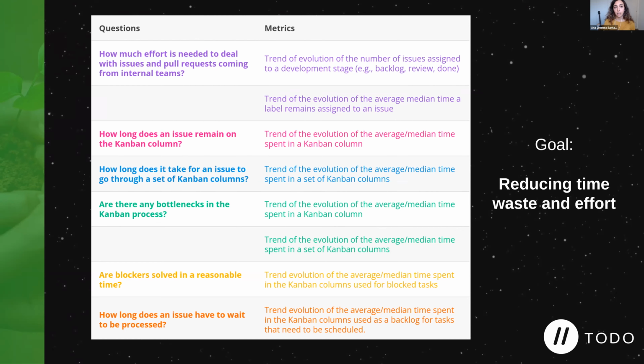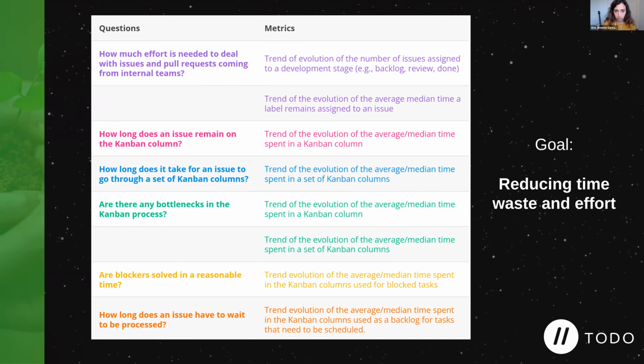That's similar to the previous one, but depending on the team, we can say we have a done column and a review column, and for us it's important to have them grouped together and see the trend evolution of the average and median time spent in that group of columns.